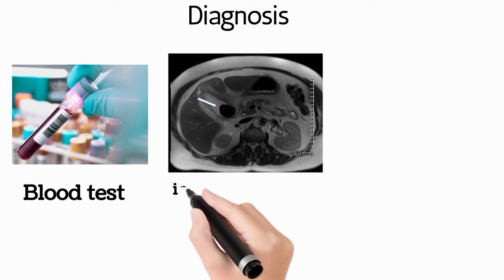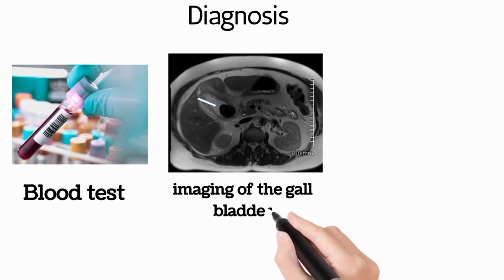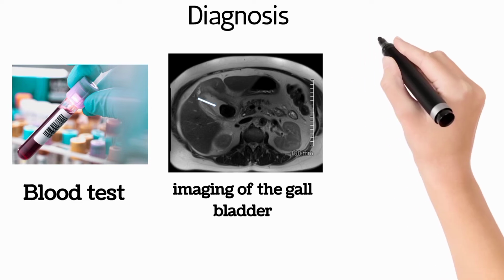Imaging tests that show your gallbladder. Abdominal ultrasound, endoscopic ultrasound, CT scan or magnetic resonance cholangiopancreatography (MRCP) can be used to create pictures of your gallbladder and bile ducts. These pictures may show signs of cholecystitis or stones in the bile ducts and gallbladder.